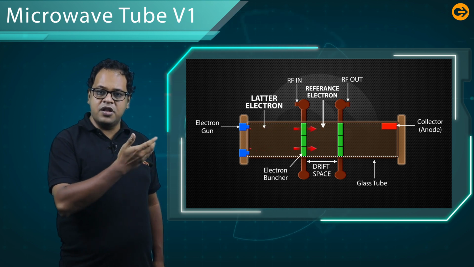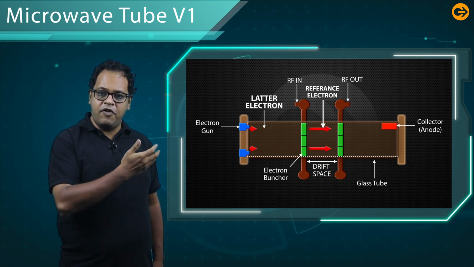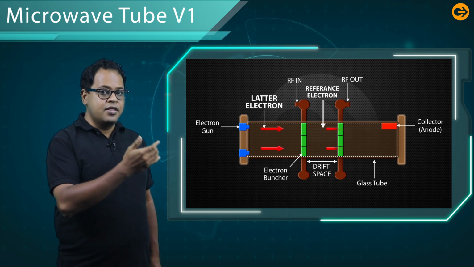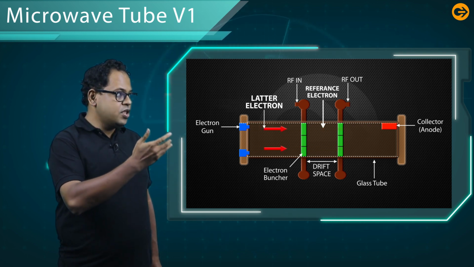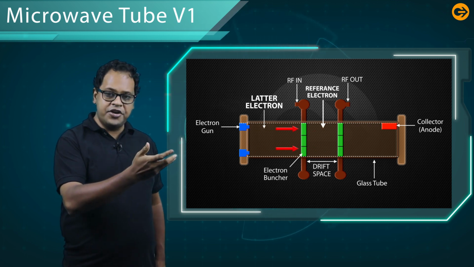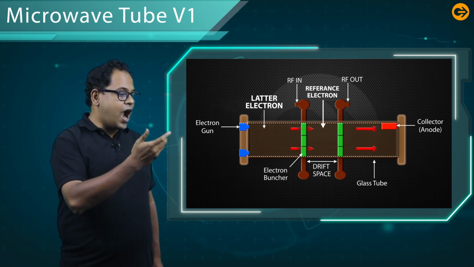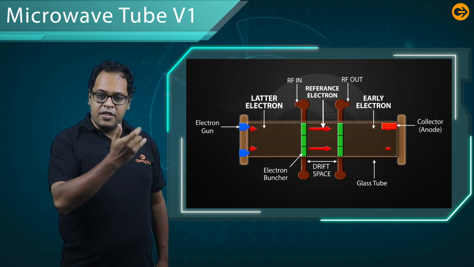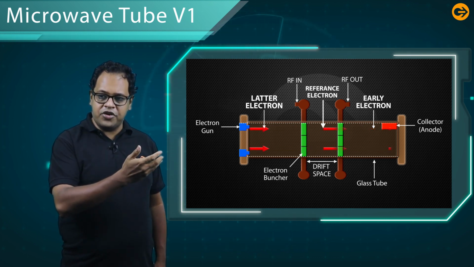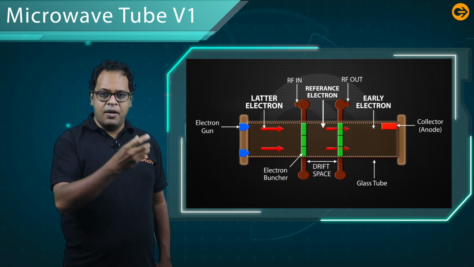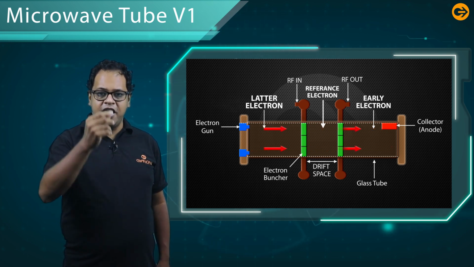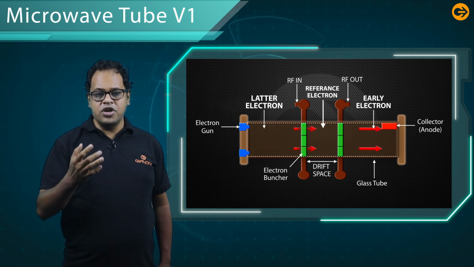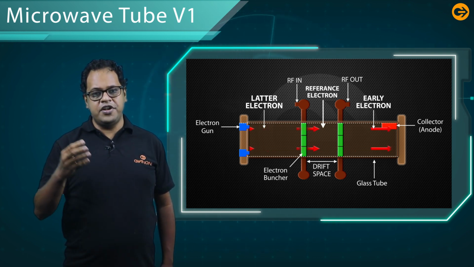That means this velocity is used as a reference for this two-cavity klystron. And the electron in between the catcher and the collector is known as the early electron. Here the velocity is high. Now these three types of electrons are bunched together to amplify this RF signal. That is the main utility of the two-cavity klystron tube.